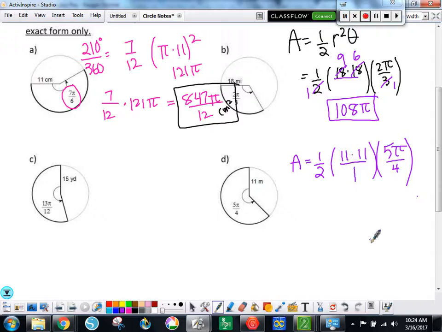Look at the numerator and the denominator. Does anything cancel? No, so you just multiply straight across. 11 times 11 times 5. 605. So 11 times 11 times 5 is 605 pi over what? 8.